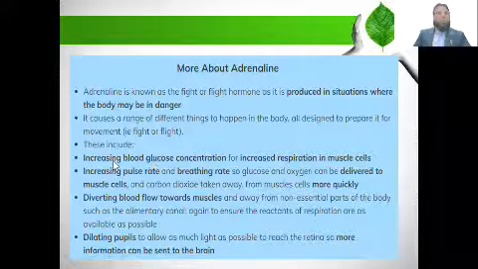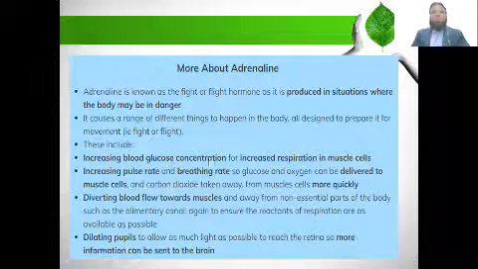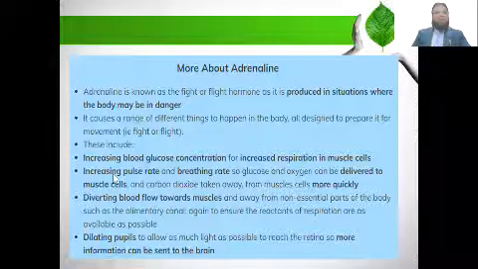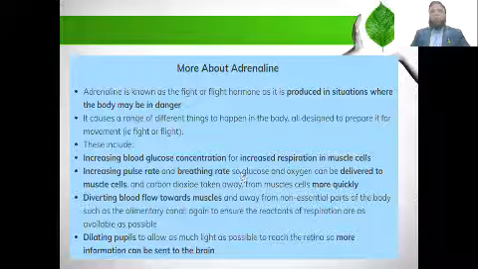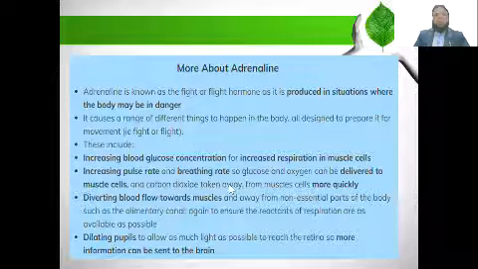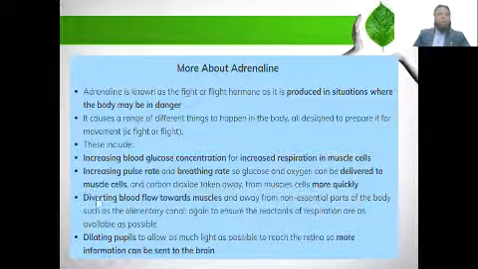These include increasing blood glucose concentration for increased respiration in muscle cells, and increasing pulse rate and breathing rate, so glucose and oxygen can be delivered to muscle cells and carbon dioxide taken away from the muscle cells more quickly.